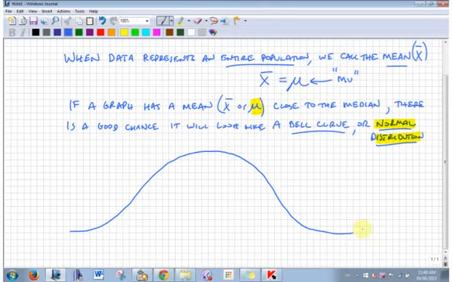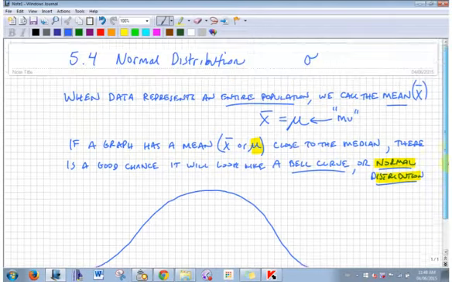What else did we do that was symmetrical? Parabolas, yes. Left side looked like the right side. This isn't a parabola. It looks like a funny upside down U. Looks like a hill. All right? But the left side should kind of look like the right side. Nice and big. That is a normal distribution.